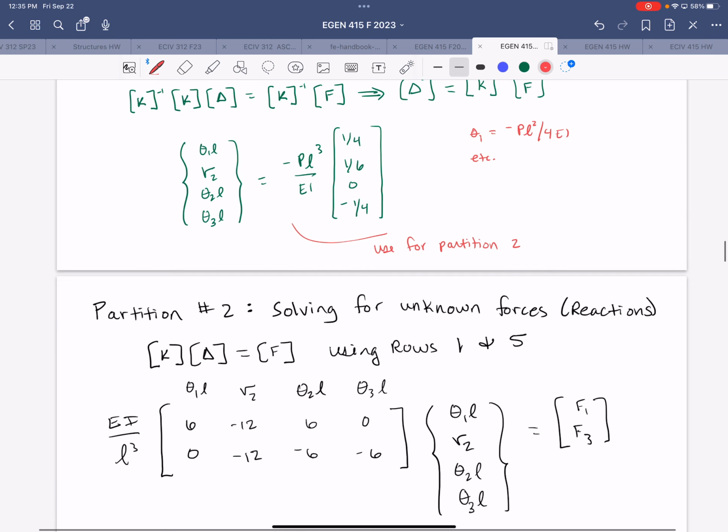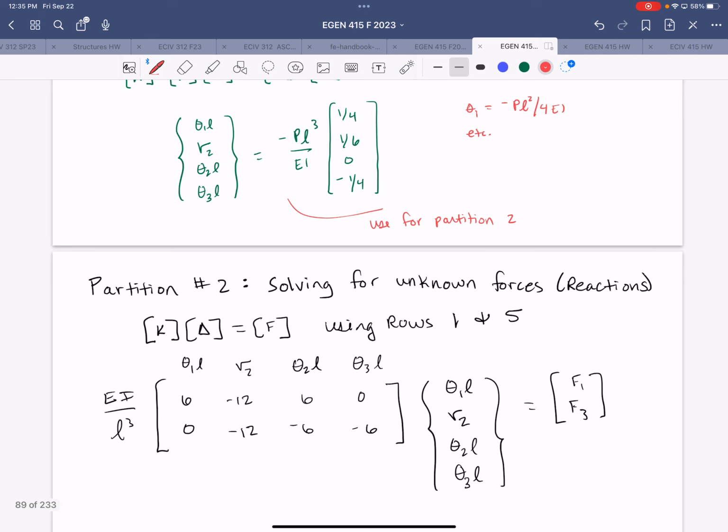All right, so second partition, the two remaining equations are shown here. Again, just using the 4 rows that are not multiplied by our original 0 displacements. Now we do have a result of 0, so theta 2L is 0 in this solution.